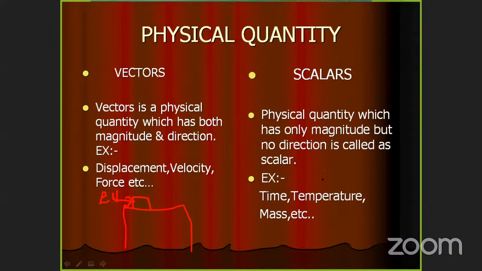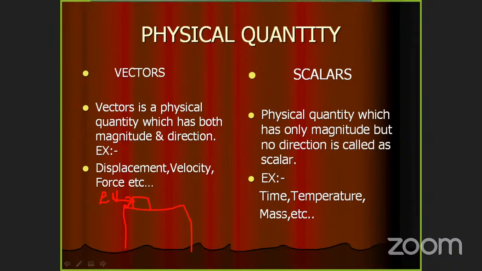For example, time. When we express the time, 2 seconds, 3 seconds, 2 minutes, up to 1 hour, 2 hours, like that, we don't mention any direction of the time. So time is a scalar. Temperature is also a scalar quantity. It has only magnitude, no direction. Mass also has only magnitude.